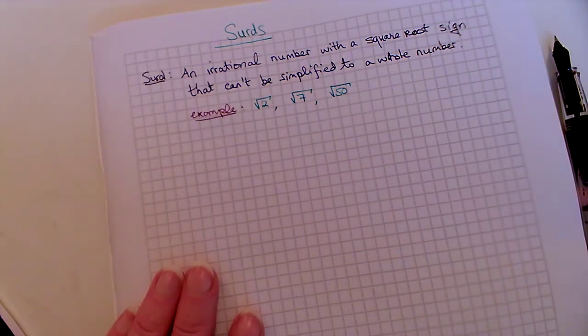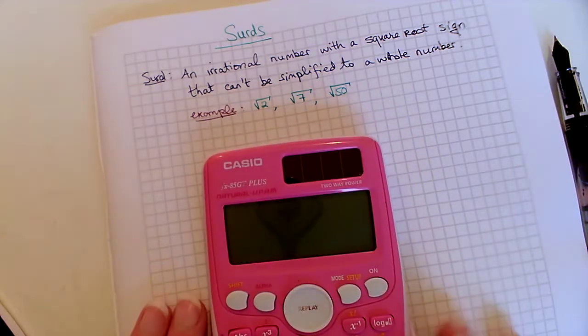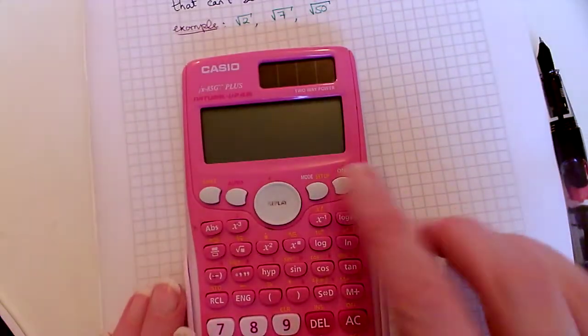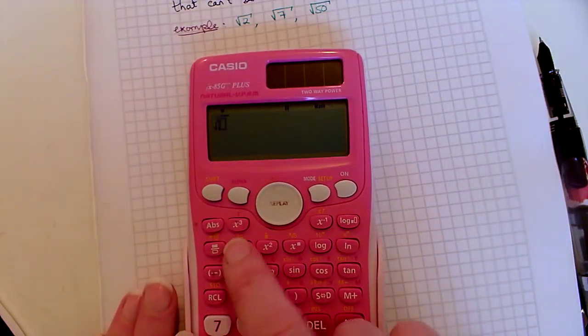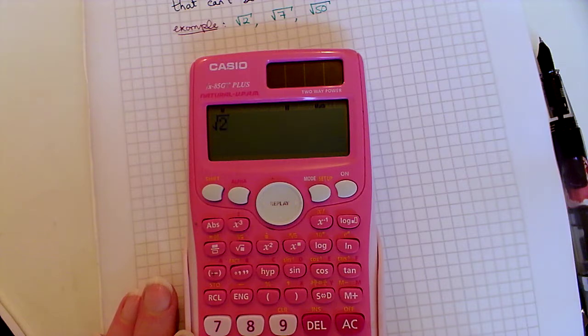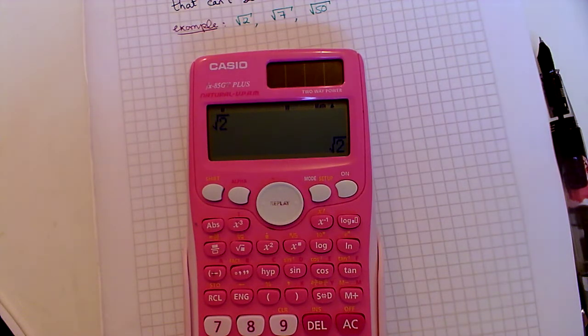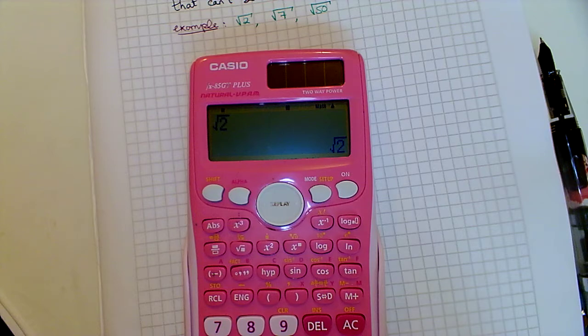And let's look at what happens when we try and put those into our calculator. So if I type in the square root of 2, the calculator just shows the square root of 2. Okay, it won't simplify it. If I want to do something, I can change it to a decimal.